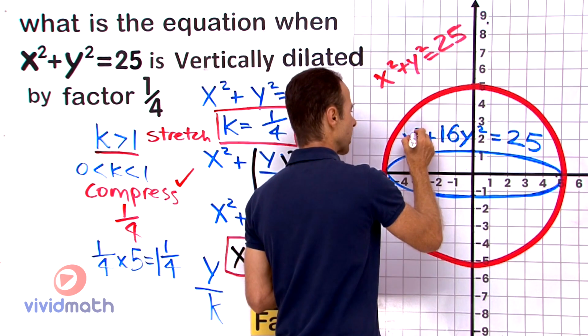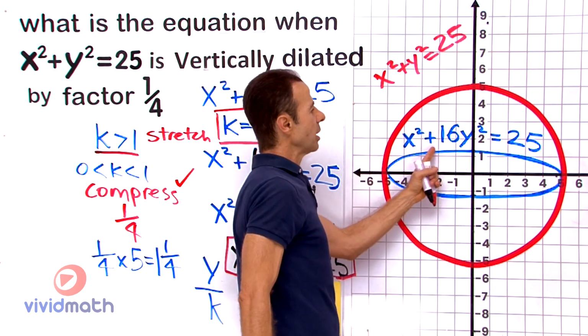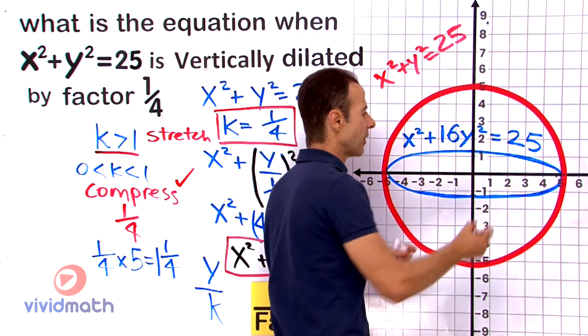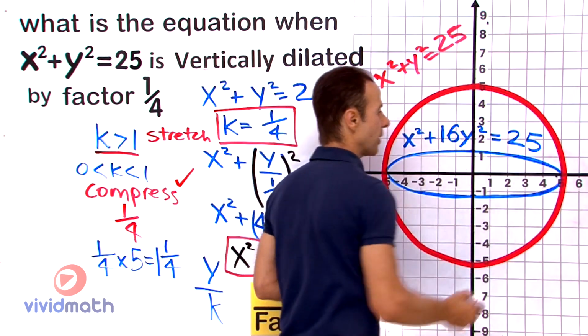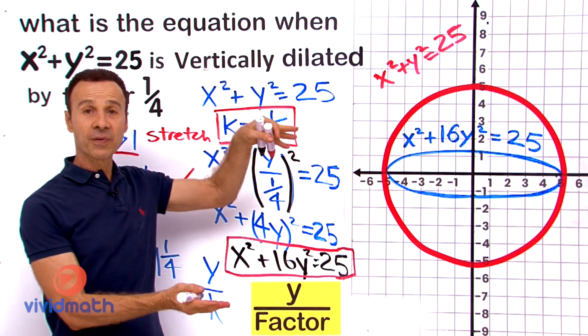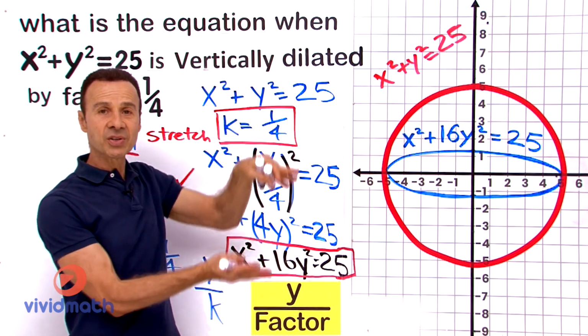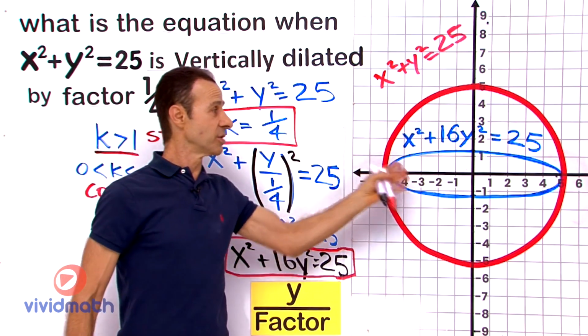Okay, I'll just read it out again. x squared plus 16y squared equals 25. That is the ellipse. That is what happens when we take a perfectly round circle and we compress it by 1/4. It turns into that ellipse.